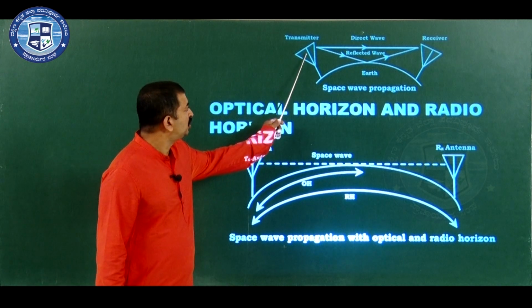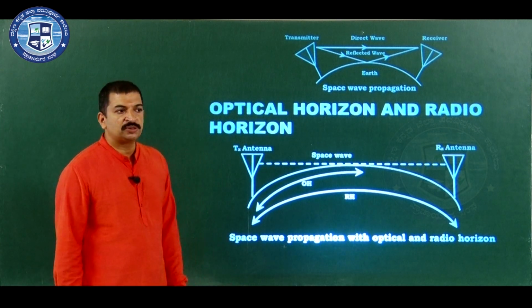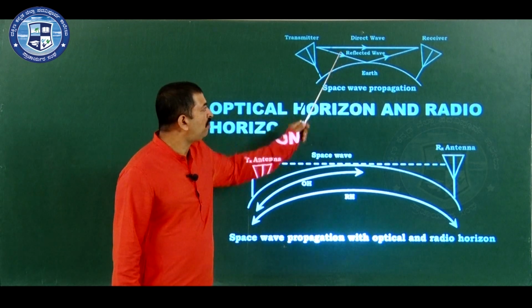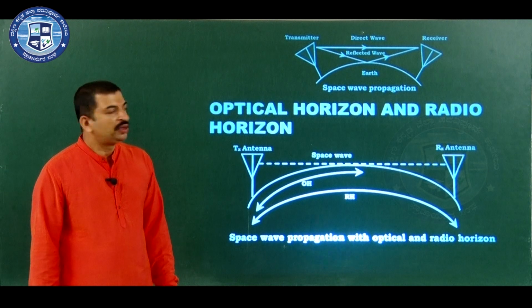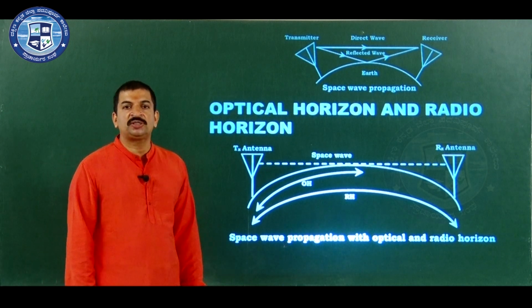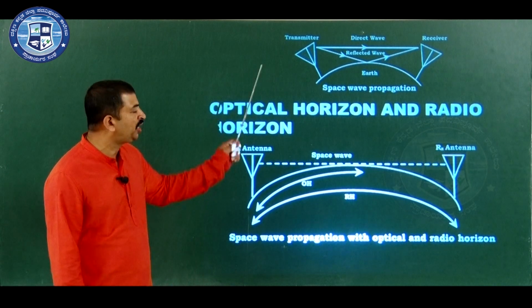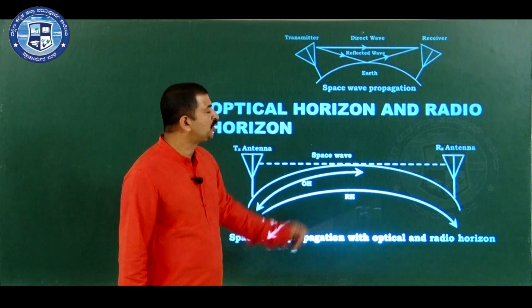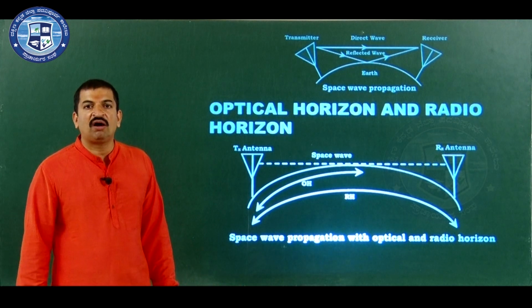The space waves consist of two components. One is called the direct wave and another is called the earth reflected wave. The cell phone signal transmission, the TV signal transmissions and radar signal transmissions use only the direct waves. The FM signal transmission also uses the reflected wave or the earth reflected wave.